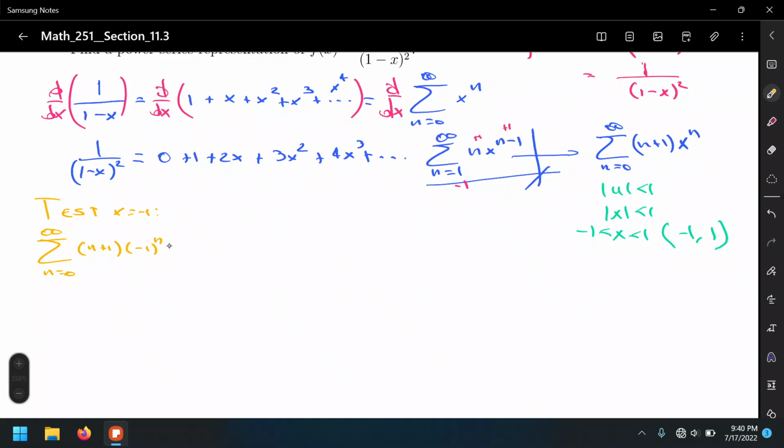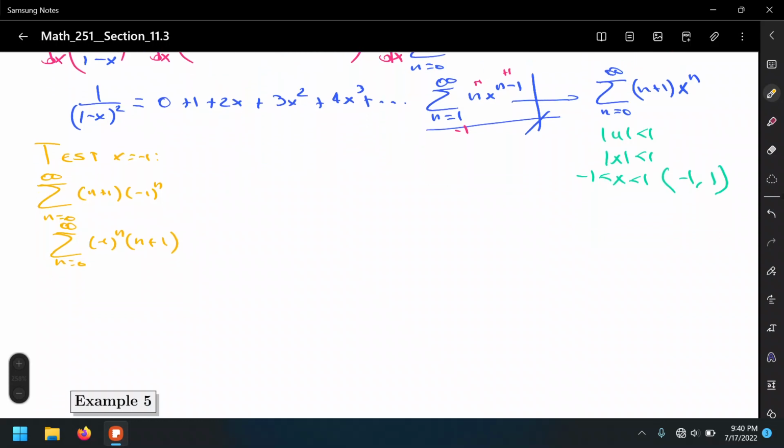Alright, that's going to be exactly the series from n equals 0 to infinity of negative 1 to the n times n plus 1. In this case, because we have that alternating factor, we can use the alternating series test. So using the alternating series test, we take the limit of the expression without the alternating factor.